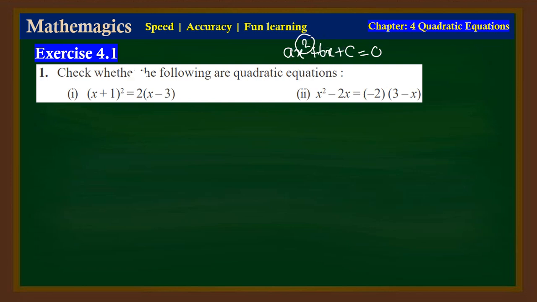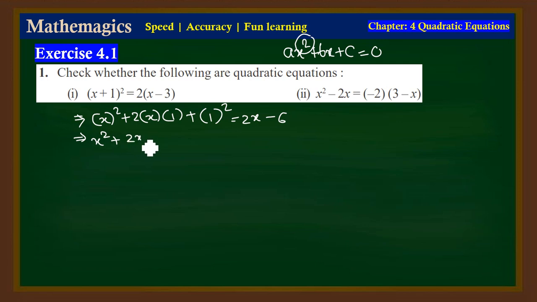So let us start. Here x plus 1 whole square, as we already have studied, a plus b whole square is equal to a square plus 2ab plus b square. So x square plus 2x plus 1 is equal to 2 into x minus 3, which is 2x minus 6.